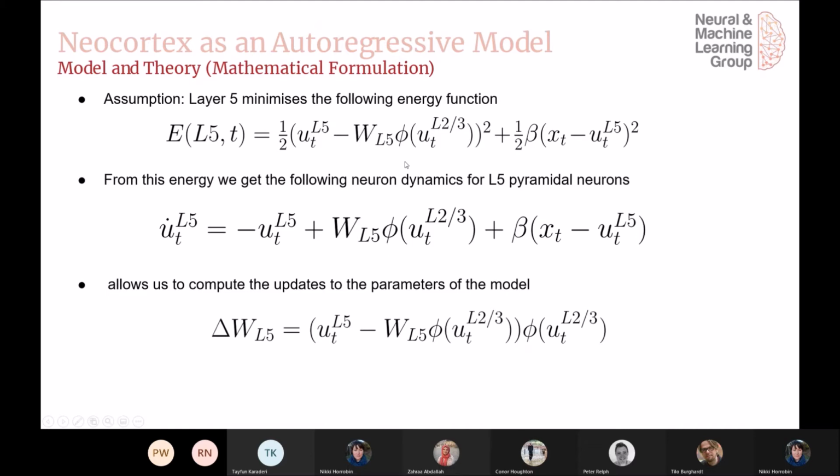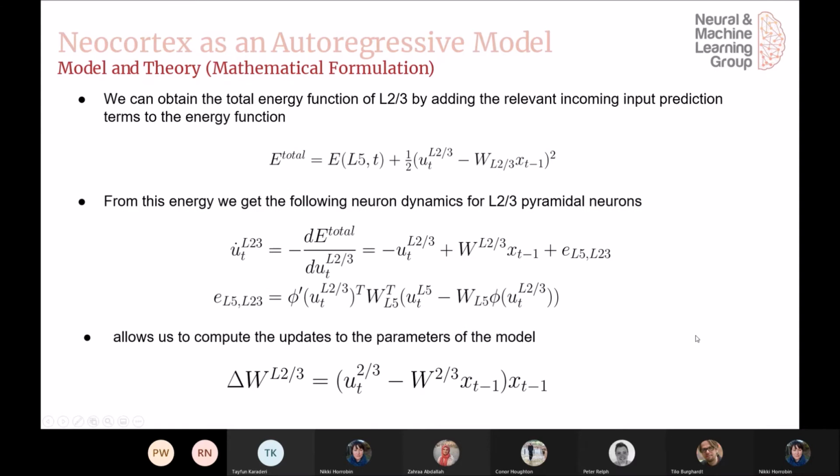The first term says the activity of the neurons in layer 5 should match the projection that comes from layer 2-3 to layer 5, and the second term is a nudging term which forces the layer 5 neurons to encode the current input. From this, you can get the neural dynamics for layer 5 neurons, and if you take the derivative of this energy function with respect to the parameters of layer 5, W_L5, then you can get the update rule for the parameters.